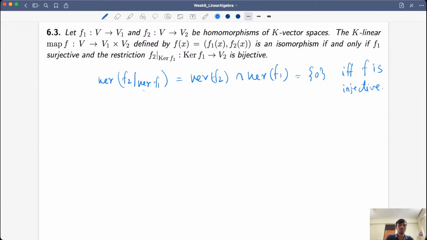So this is again bijective. Hence this is proved, and conversely also true: the injectivity just implies the injectivity of this, and the bijectivity also implies that f1 is surjective, so that thing gives the bijectivity. Okay, so that's how you prove this one.